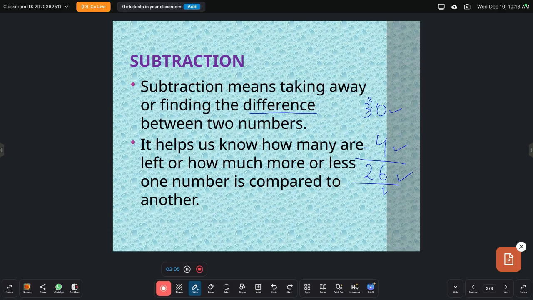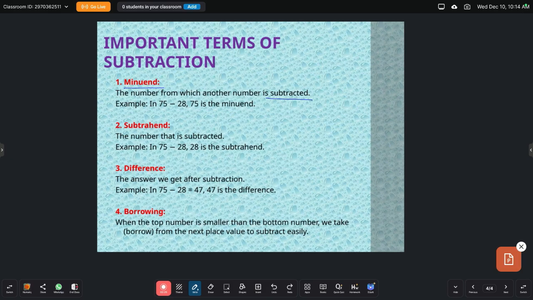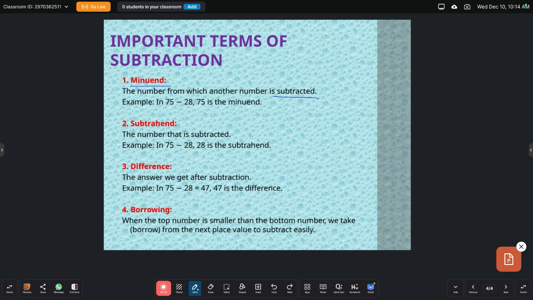Now, students, let us discuss some important terms of subtraction. The first one is minuend. Minuend means the number from which another number is subtracted. For example, here I have 75 and we have another number 28.